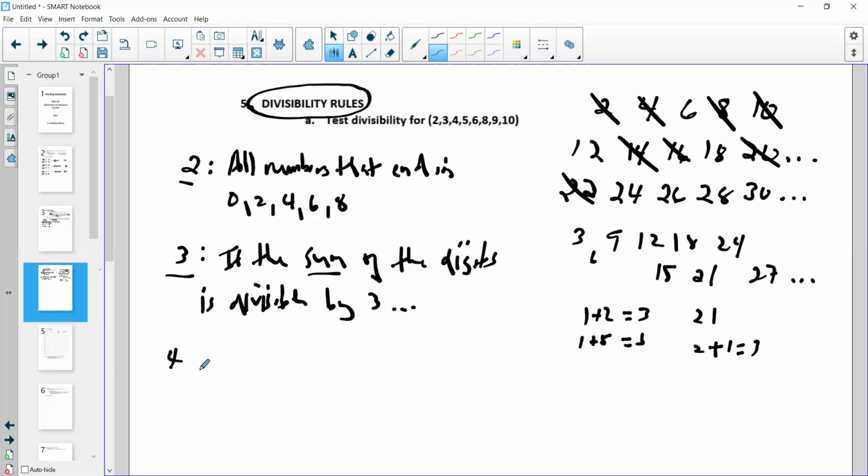And then we've got 4. We'll look at that one. We see 4 will not divide 6, it will divide 8. 4 will divide 12. And 16, and 24, and all these numbers. So for numbers that will divide by 4, we're looking at the last 2 digits.